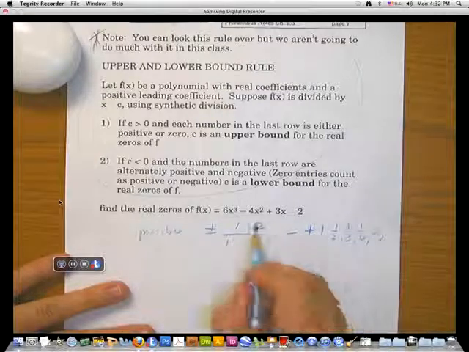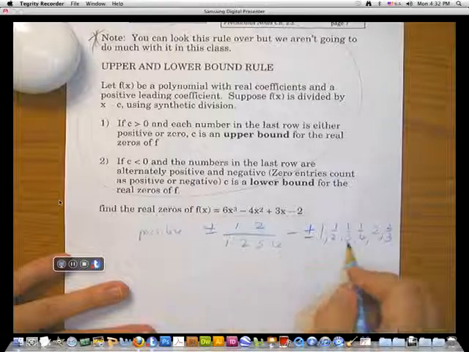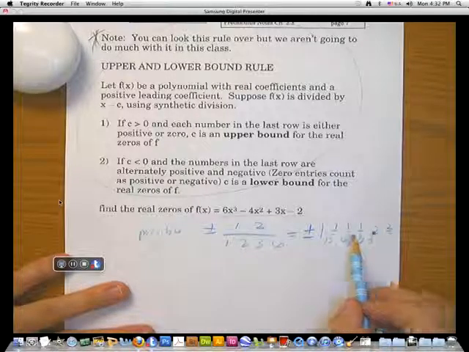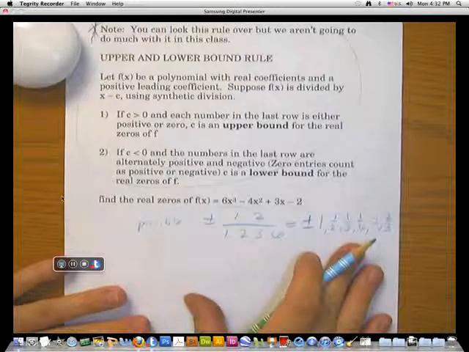I'm not going to write it twice. 2/3, and 2/6 is 1/3, and I'm not going to write it twice. So potentially we have 12 possible zeros.